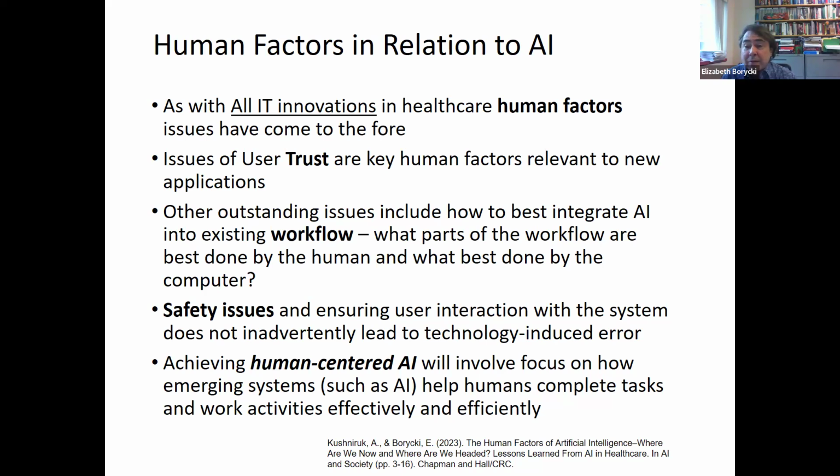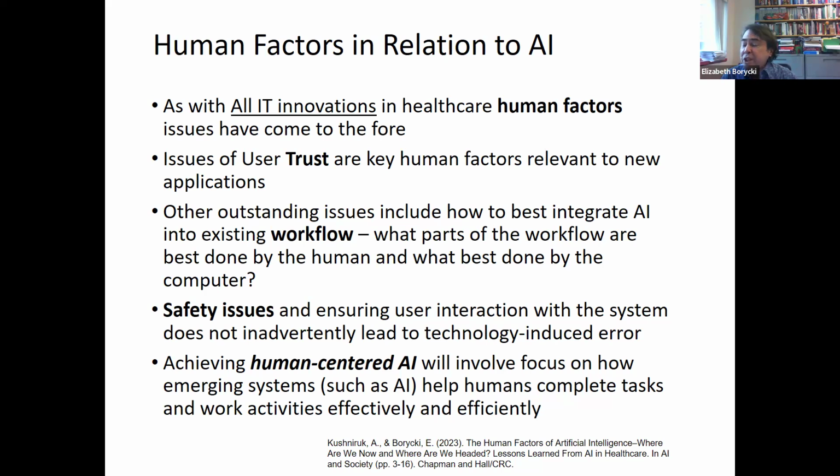This is often an area that is not even analyzed properly, if at all. Safety issues, for ensuring user interaction with the system doesn't inadvertently lead to technology-induced error, which Elizabeth Borycki will talk about. And there's a buzzword, human-centered AI.